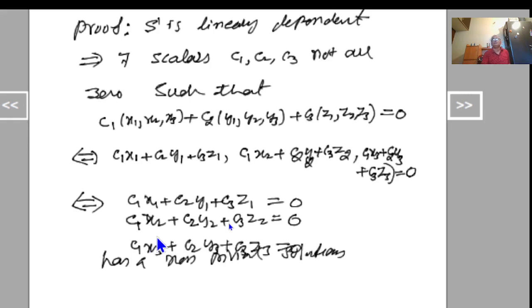That is, scalars C1, C2, C3 not all 0. If all of them are equal to 0, then you say that it is a trivial solution. Not all 0 means this has a non-trivial solution.